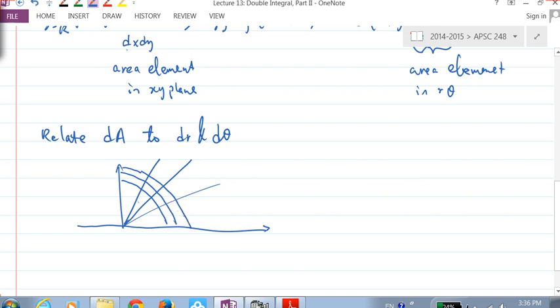So now you see, if I wanted to use a so-called area element, I can pick an area element this way, like this. There is a change in the r direction and a change in the theta direction. So delta r, delta theta will form this small area element in here.